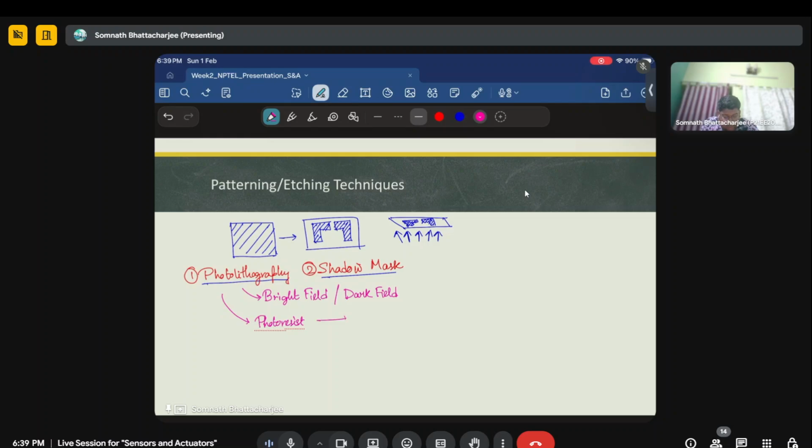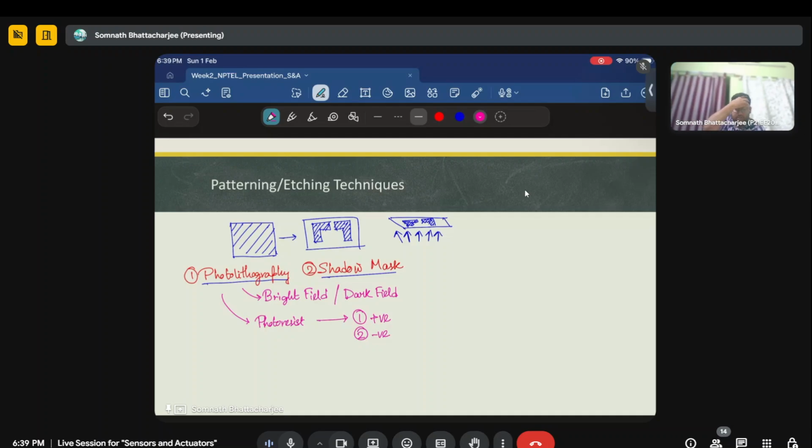What are the two types? The first one is known as the positive photoresist and the other is the negative photoresist. Now, what happens in these cases? Based on your choice of photoresist and mask, you will involve different patterning techniques, and you can also utilize them in different procedures and optimize your devices as well.